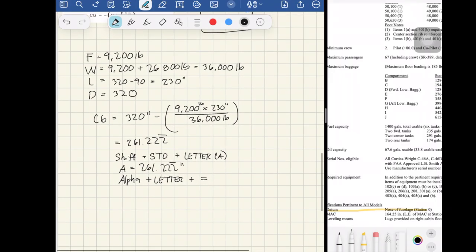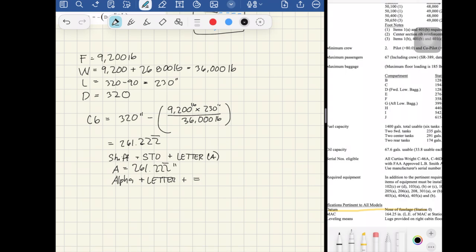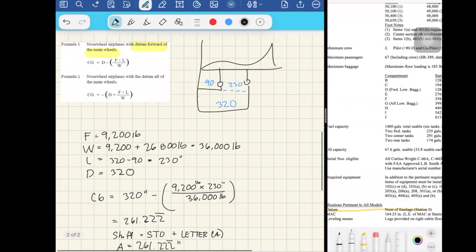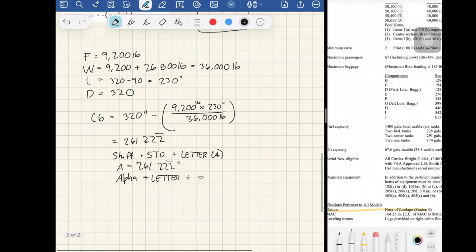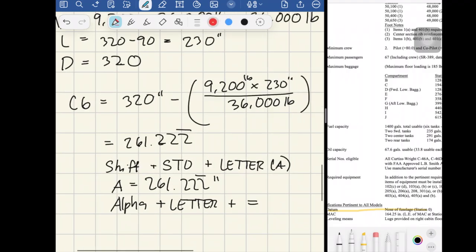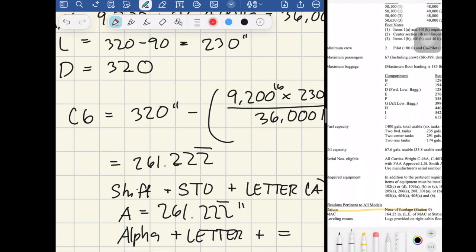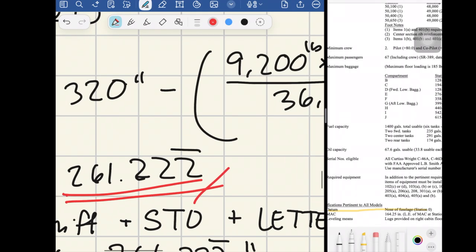Okay, so enough sa calculator. So ang nakuha natin from the empty weight center of gravity is si 261.222 bar. Okay, so proceed na tayo sa ating next step, which is the loaded CG naman.